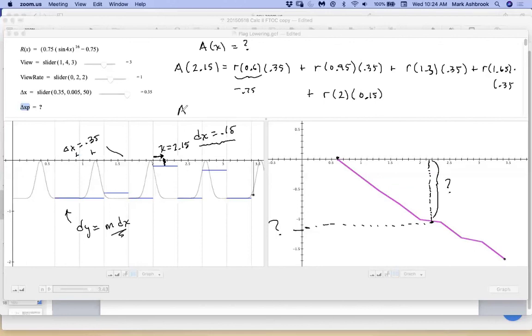So the structure of this is: total variation from completed intervals.